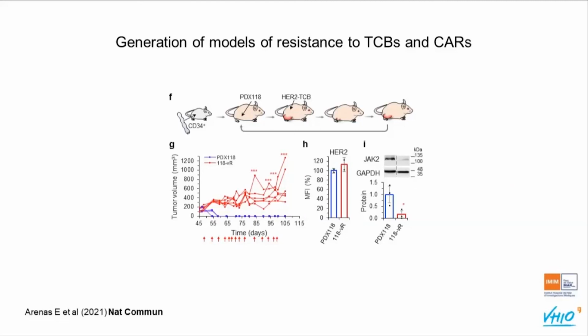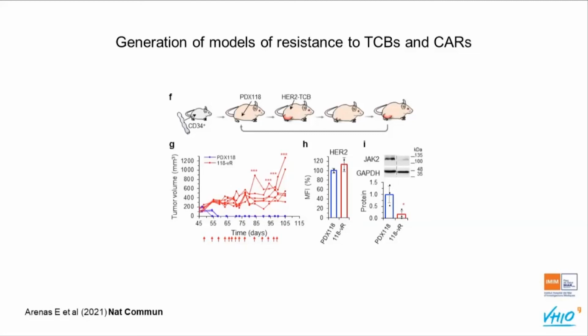After several weeks, they have plenty of human T cells, and the mice do not develop graft versus host disease. So we are able to implant, in this case, a PDX, and then treat the mice with TCBs, allow the tumor to regress, allow it to grow again, and treat them again.